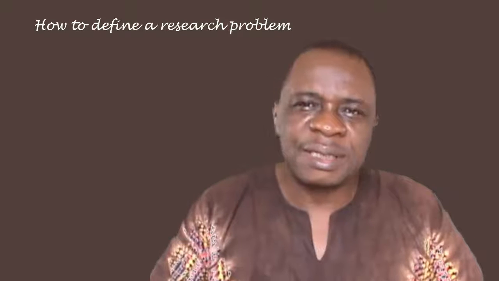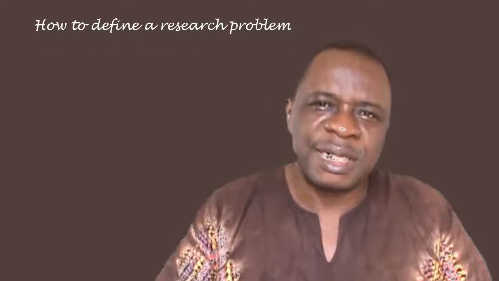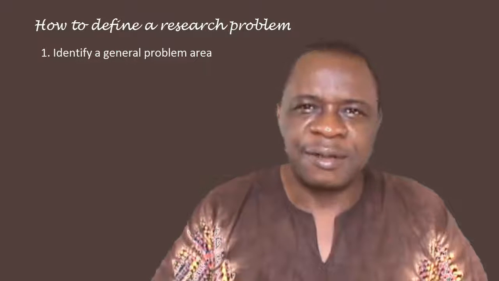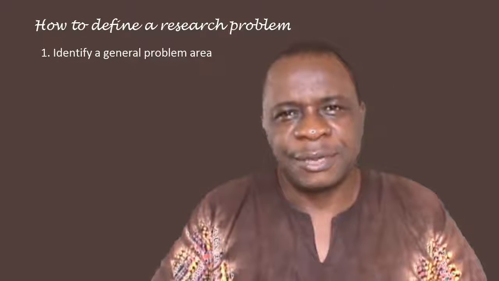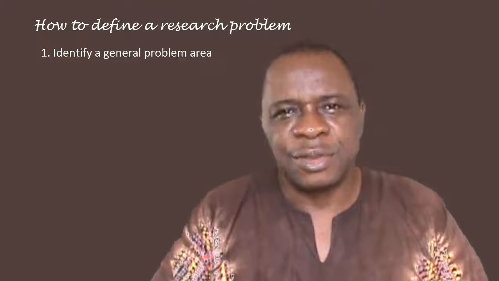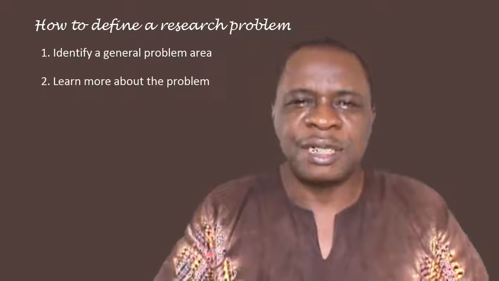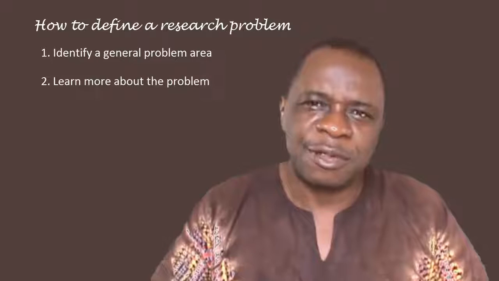There are two things that you need to do as you define your research problem. First, you will need to identify the general area of the problem. Second, you will need to try as much as possible to learn as much as possible about the problem.